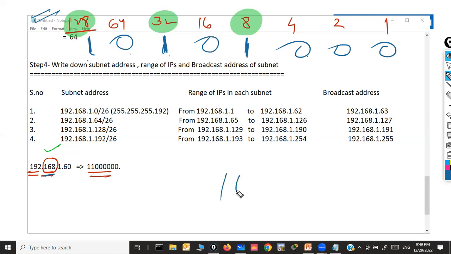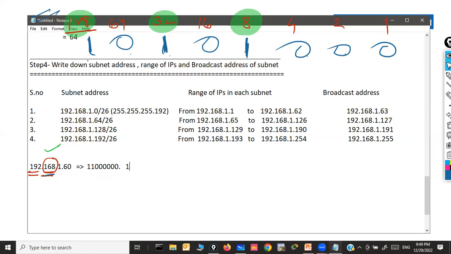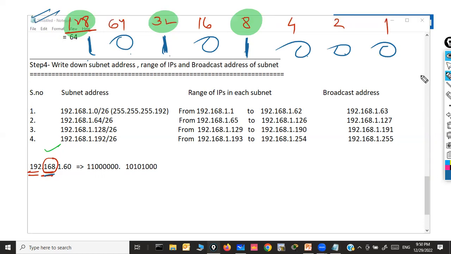We cannot go like 160 plus 8, obviously, because position values are 1, 2, 4, 8, 16, 32, and so on. So 168 is 1, 0, 1, 0, 1, and then three 0s. Just for confirmation, if you do the reverse conversion, 1, 2, 4, 8, 16, 32, 64, 128, then yes, you will get 168.